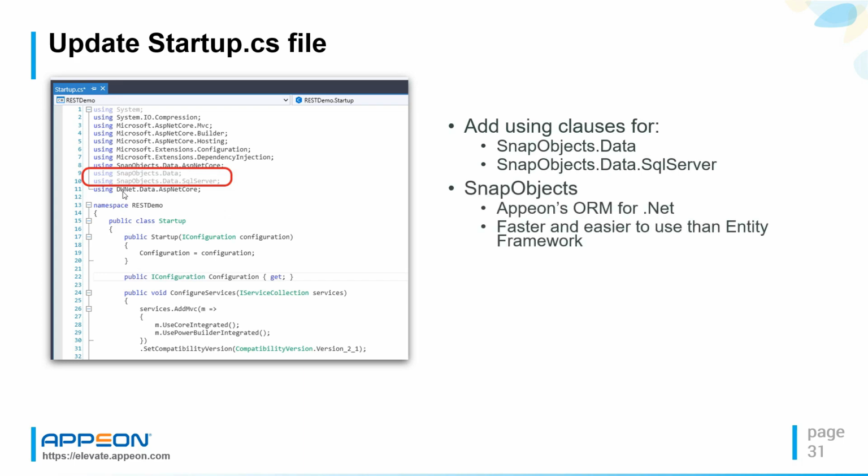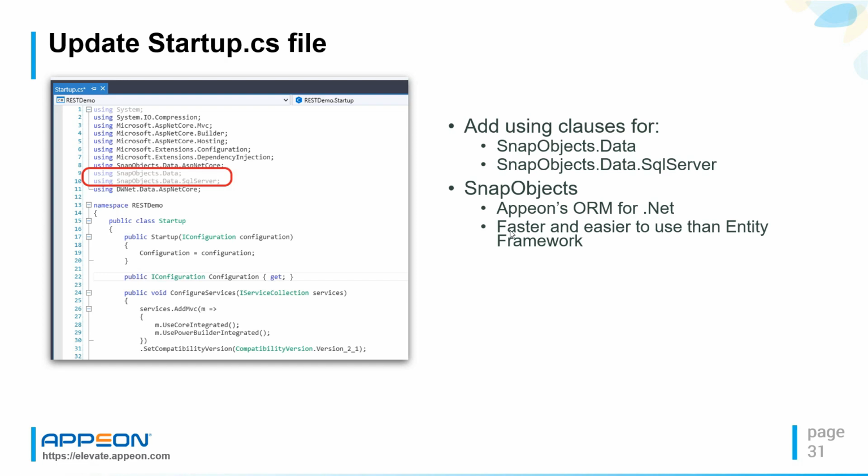So the reason that Appeon decided to create their own ORM rather than using something like Entity Framework is that they found Entity Framework was difficult for people like PowerBuilder developers who are trying to learn this technology.